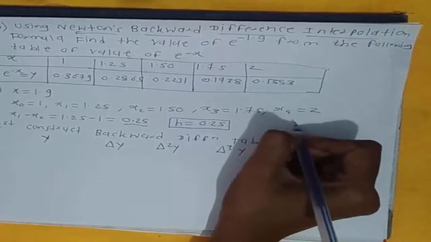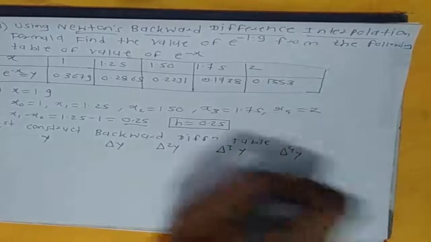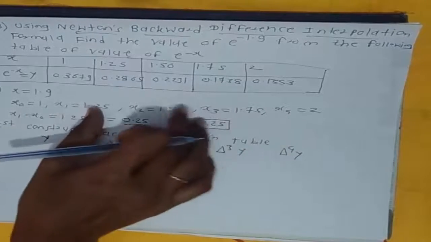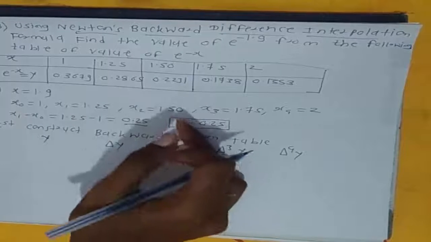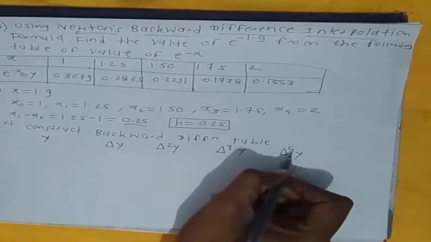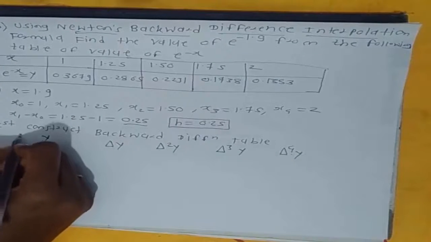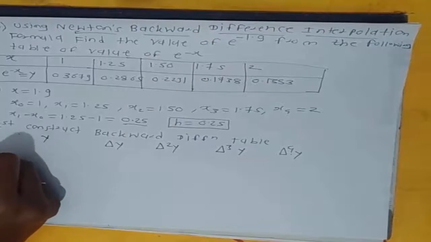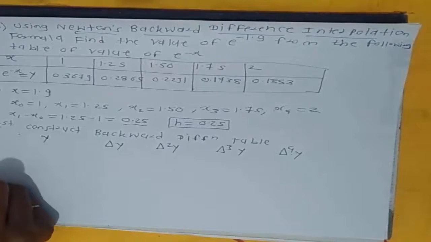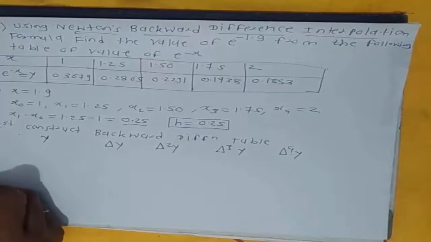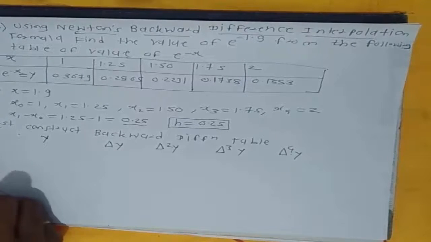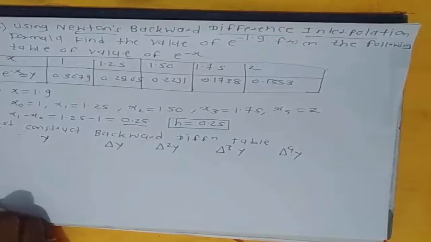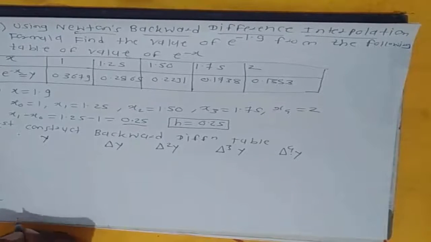There are 5 values, so we have to get up to 4th order backward differences. The values of x are 1, 1.25, 1.50, 1.75, and last 2.